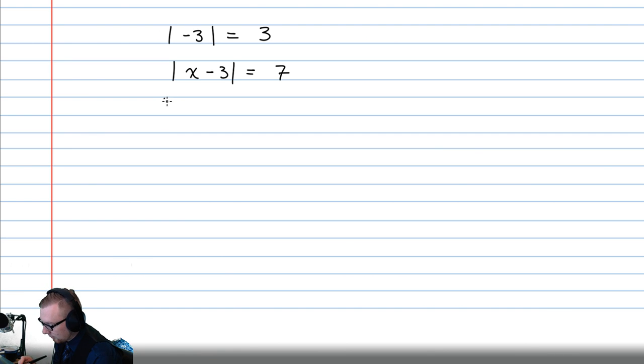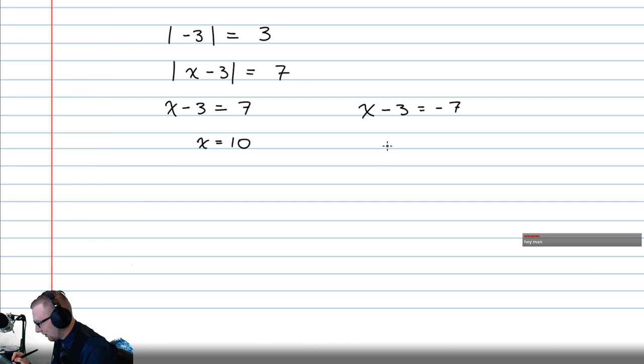So I think you gotta do both. Okay. So you would have x minus 3 is equal to 7 and x minus 3 is equal to -7. Yes. Okay, good. So then you would finish solving it. So you'd have x equals 10 and you would have x equals -4.